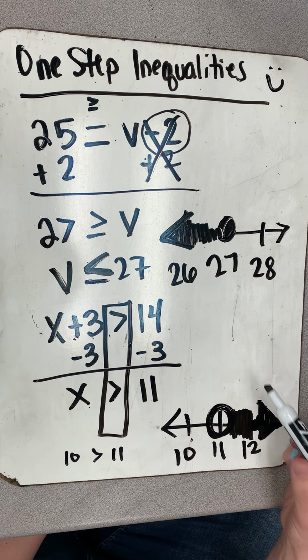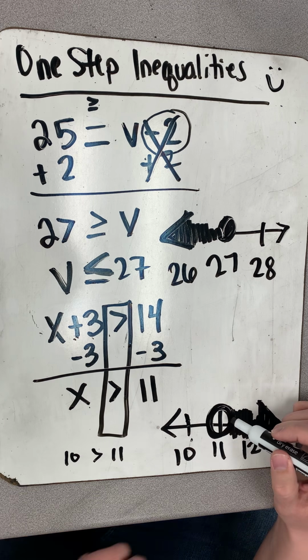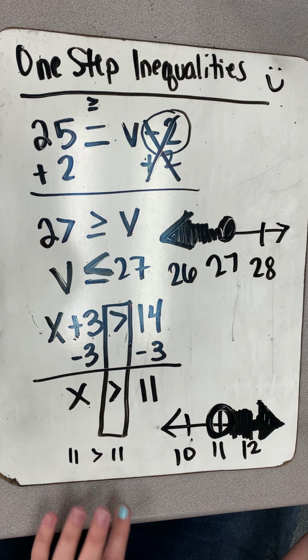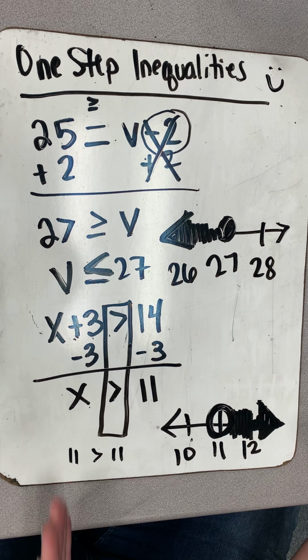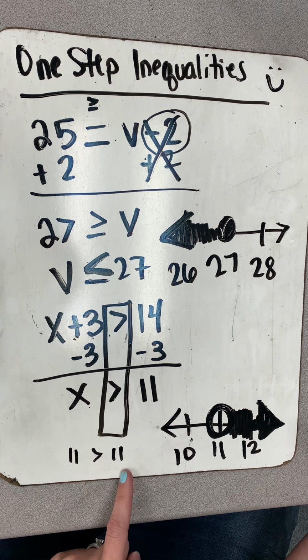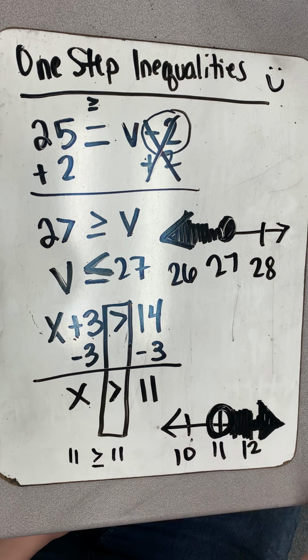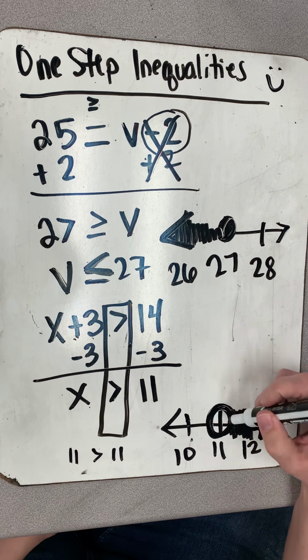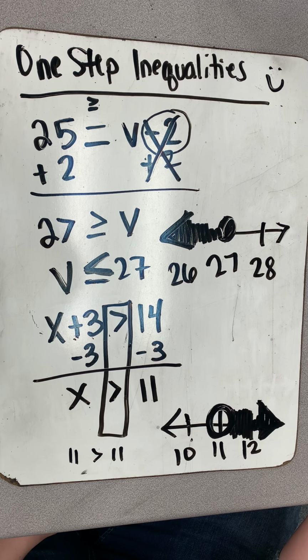Now, it's important to note that this one is open because I cannot include 11 in my solution, because 11 is not greater than 11. 11 is equal to 11. And because I don't include that equal to sign on the bottom, I cannot include 11 in my answer, so I keep that open circle. And that's the idea of one-step inequalities.